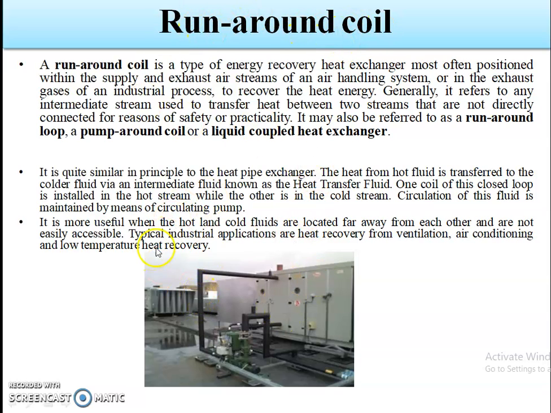In some large industrial applications, we use it for ventilation and air conditioning low temperature heat recovery systems, because many industries have chiller plants. We create a chilling effect for a particular shopping mall, a very large assembly section, or where high precision components are made. In those conditions we use this type of run around coil heat exchanger to create the chilling effect or for other applications. This is also one of the heat exchangers used for large applications.